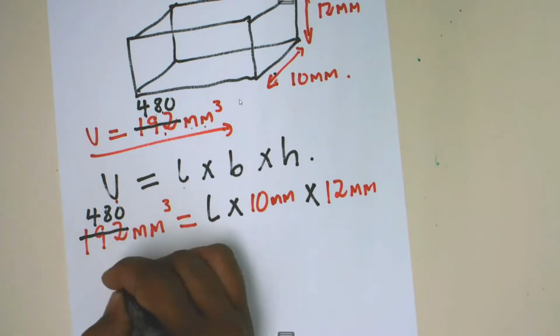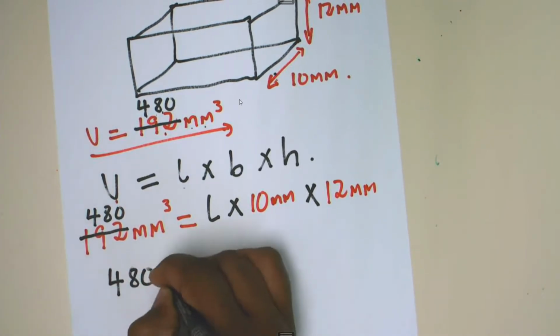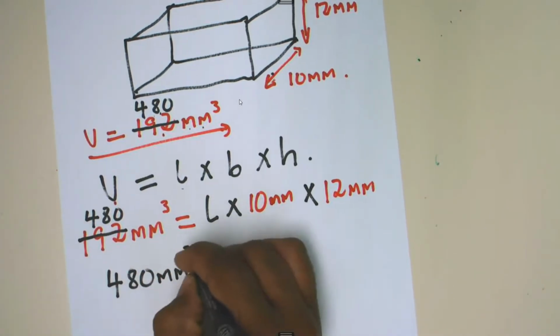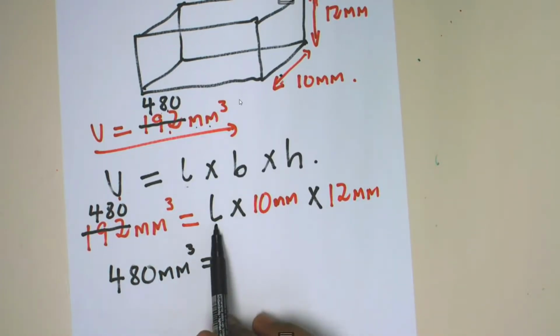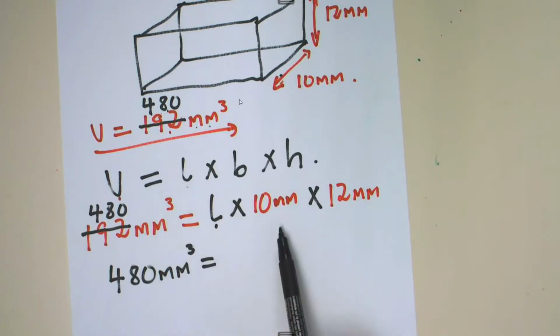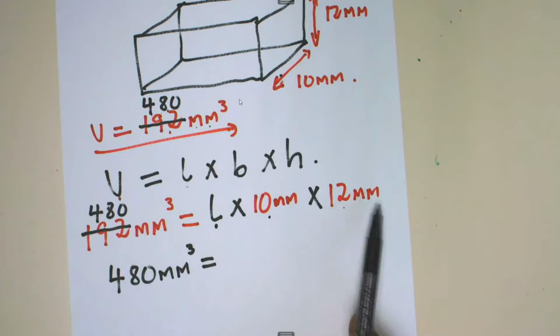This will be 480 cubic millimeters, which equals, now let's check. This one is an unknown. I don't know it, so I will work with what I know: 10 millimeters multiplied by 12 millimeters.